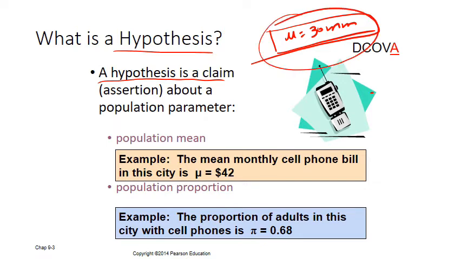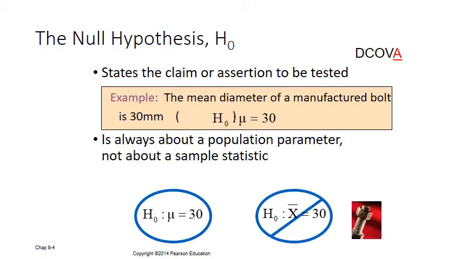Likewise here you can see the mean monthly cell phone bill in this city is $40. So this is the claim that the mean bill of all people living in this city is $40. Similarly, later on we will discuss proportion and make the claim about proportion as well. I don't want to discuss it so far, so we just focus on the mean.